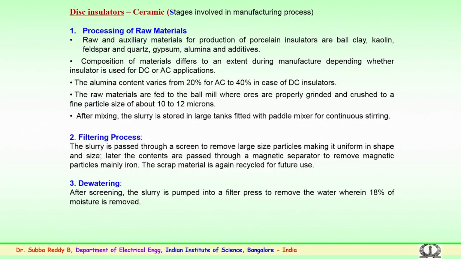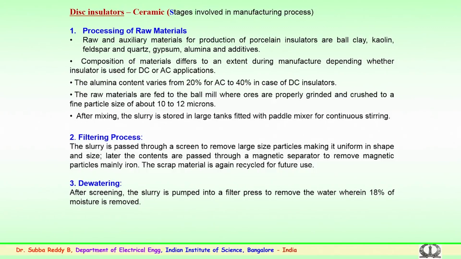The composition of these materials could differ to an extent, and this has to be noted during manufacturing, depending upon whether the insulator is for DC or AC applications. It is not that the same insulators used for AC could be used for DC.